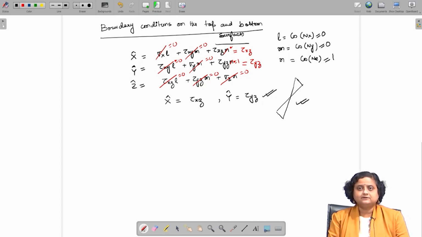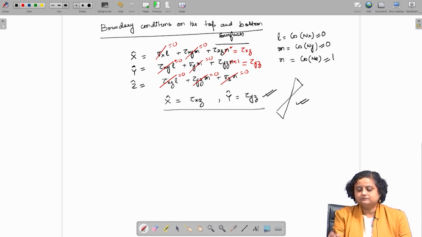In the next lecture, we will prove that though the cross section can be as arbitrary as possible, the resultant of this x hat and y hat will be equal to 0. So, we will do that in the next lecture, which will be lecture 7. Thank you.